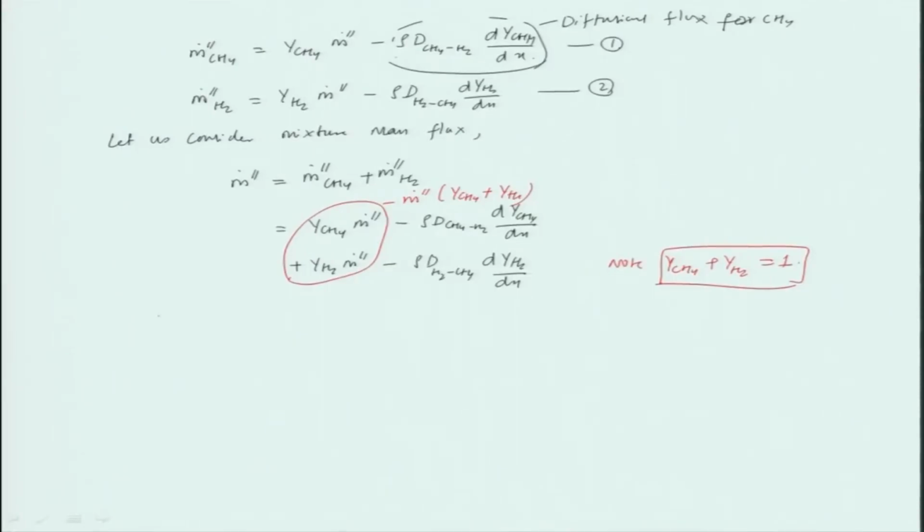And then I can write this as m dot is equal to m dot minus rho D_CH4-H2 dY_CH4/dx minus rho D_H2-CH4 dY_H2/dx.